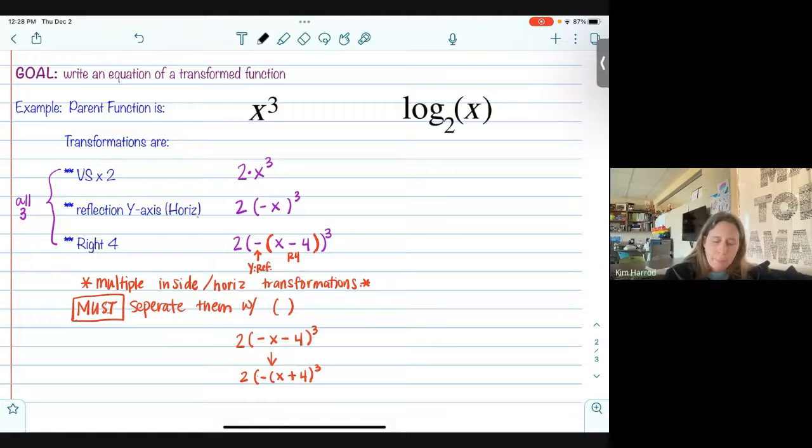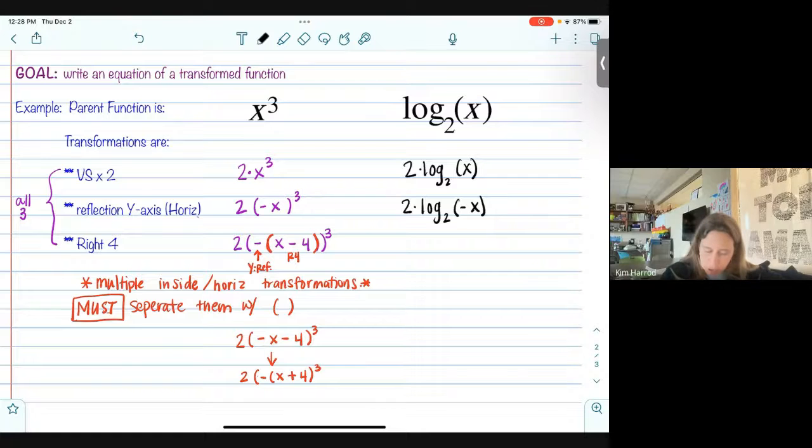All right. I'm going to go through it one step at a time in case that's how you did it as well. A vertical stretch would be 2 log base 2 of x. A vertical stretch with a y-axis reflection would be 2 log base 2 of negative x.